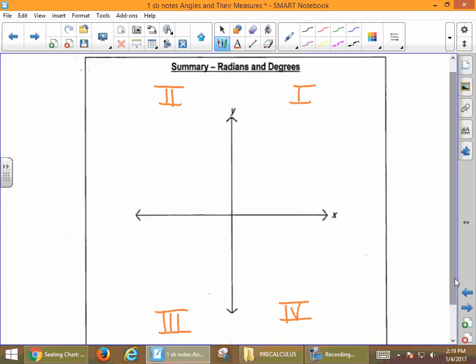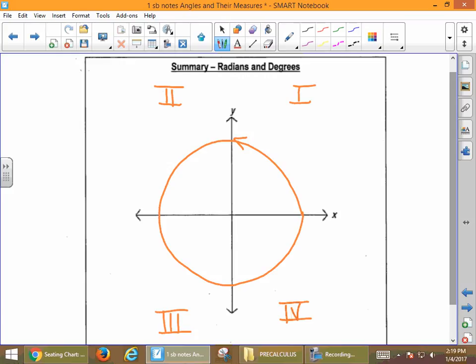This is quadrant 4. If we're measuring here with a positive angle, we're going to go counterclockwise. So we want to put an arrow in that direction.